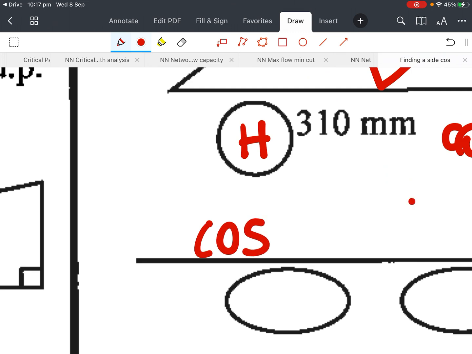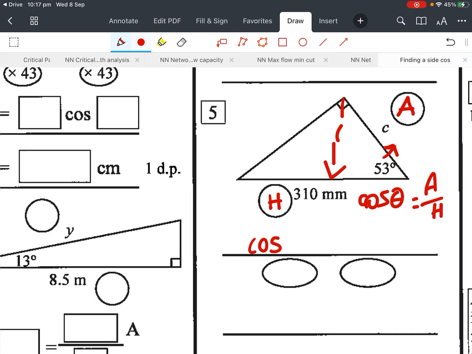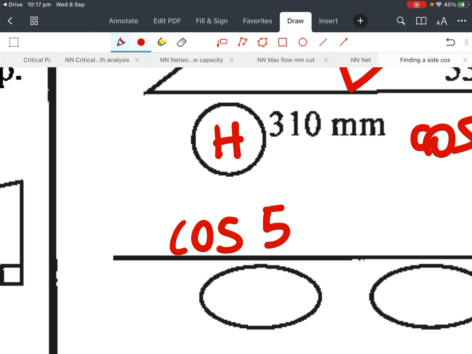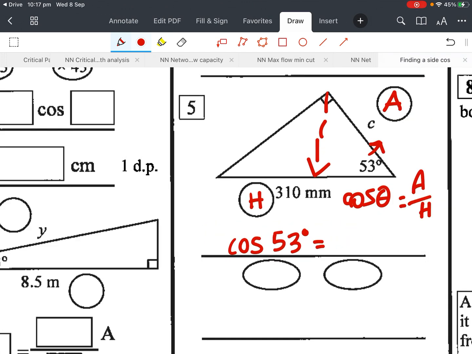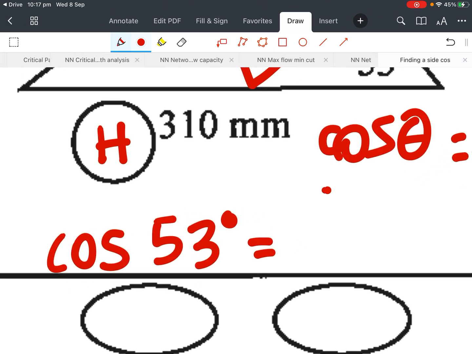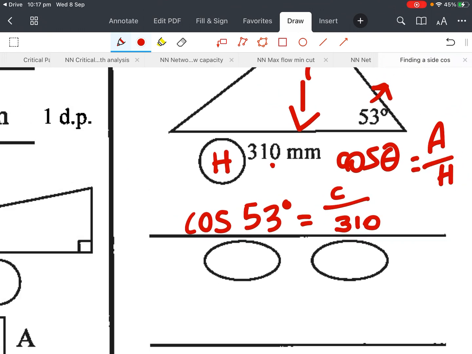Cos theta. What's my theta? What's the angle? In the question, it's 53. Now, the fraction is A over H. What's the letter where the A is? It's a C. And what's the H? It's a 310. So write out your formula second.